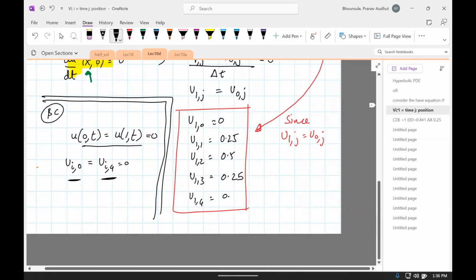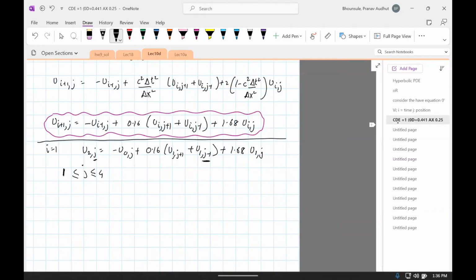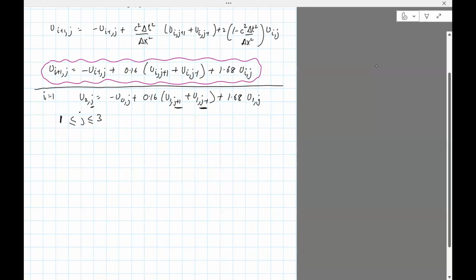And you also know j equals 4. So you can't even put 4 because, again, when you put 4, you'll end up with 4 plus 1, 5. There's no fifth index. So you just have to go from 1 to 3. Okay, so we have to write this down for j equals 1. u 2 1 equals minus u 0 1 plus 0.16 times u1 j plus 1 would be 2, plus u1 j minus 1 would be 0, plus 1.68 u1 comma 1.